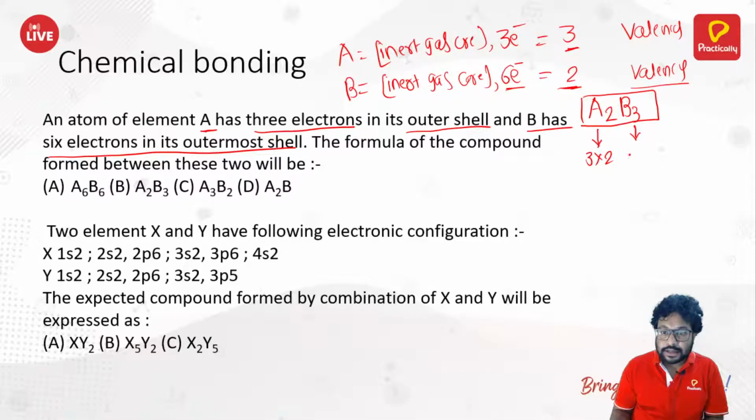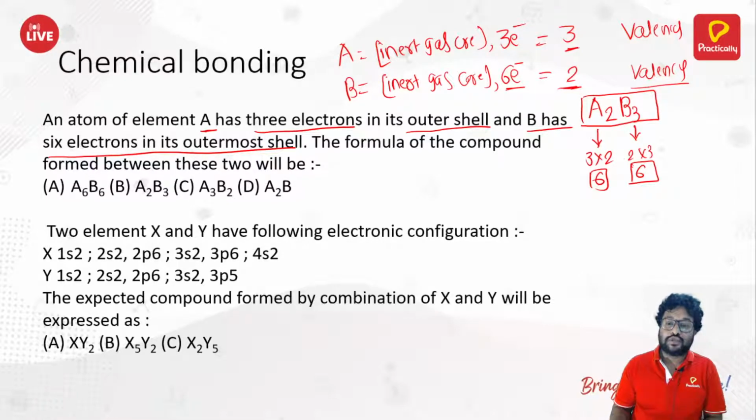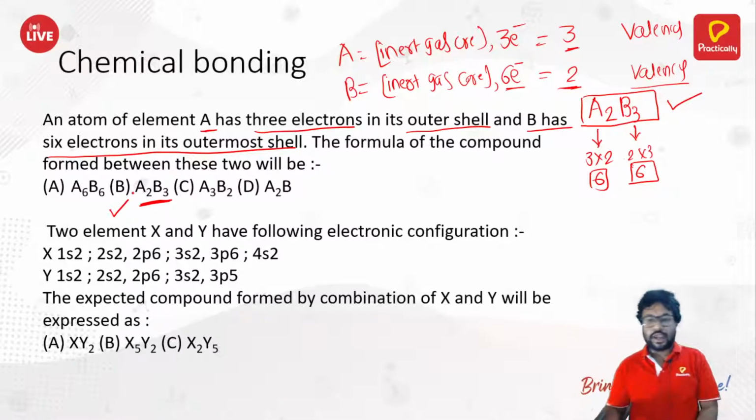So valency 2 into 3. This is also 6, this is also 6, because both of them have to be the same, right? But their valencies were different. That is why we needed to cross multiply. That is why the correct answer is A2B3. Where is A2B3? Here. A2B3. That is why B is the answer. Okay. Next.